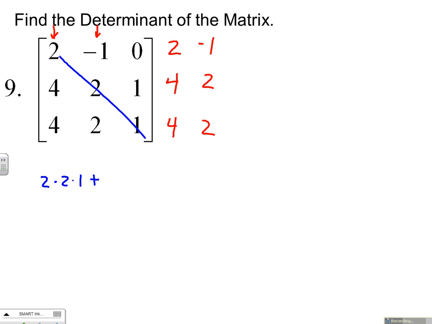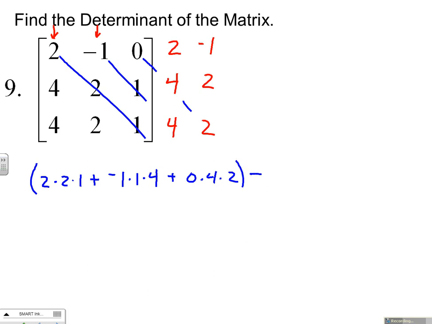Then I add to that my next downward diagonal, which is -1 times 1 times 4. And I add to that my other downward diagonal. And I get 0 times 4 times 2. I find those values.